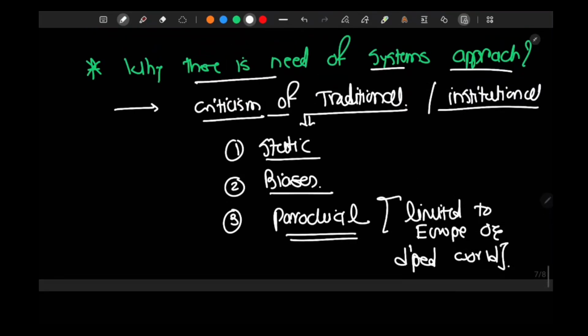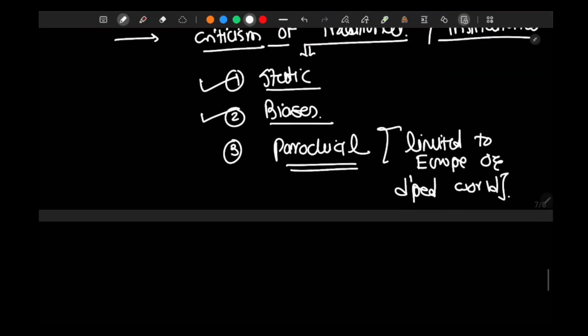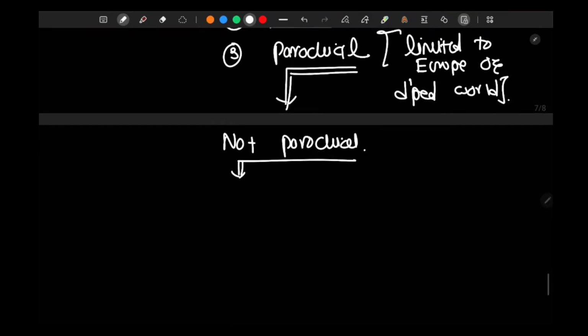So what systems approach tries to do is attack the static part, get out of biases which come due to values, and present itself as not parochial. What do you mean by not parochial?